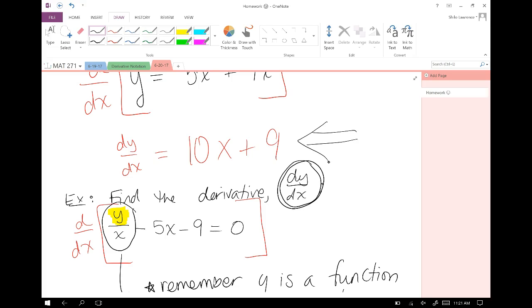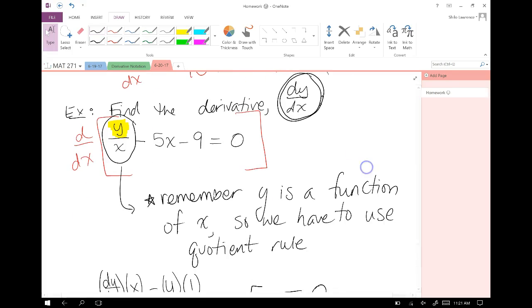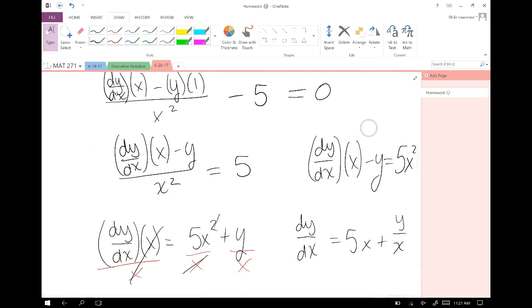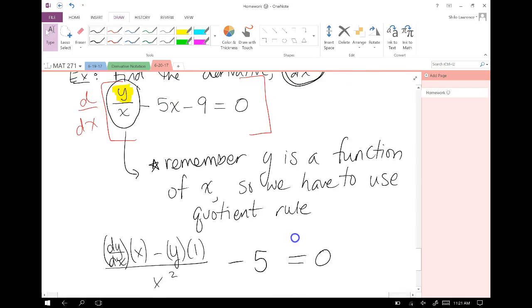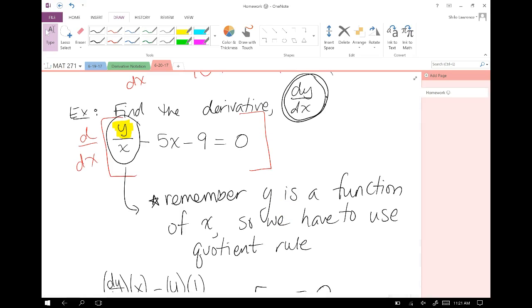But if you don't want your derivative to be implicit, you can always go back to the original expression and do some replacing. We can figure out a replacement for the y over x. In my original equation, I have y over x.